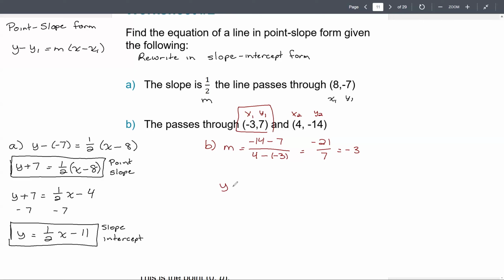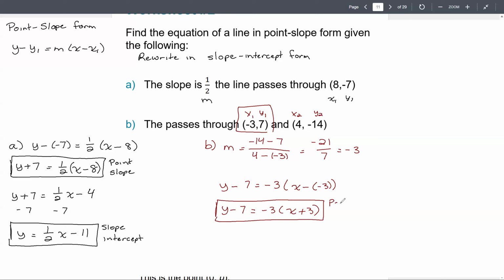Now, like I said, we made these the ones, it's not like it's going to matter. So now we have y minus y1, which is 7, equals my slope, which is -3, times x minus x1, which is -3. So now this is y minus 7 equals -3 times x plus 3. There's my point slope.